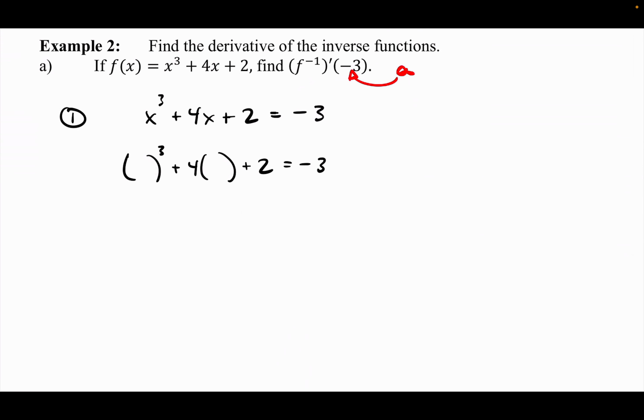What's -1 times 4? -4 plus 2 equals -3. There you go, you got it. Okay? It's always going to be a whole number. Might be positive, might be negative, but that's step one. Okay? Step two.